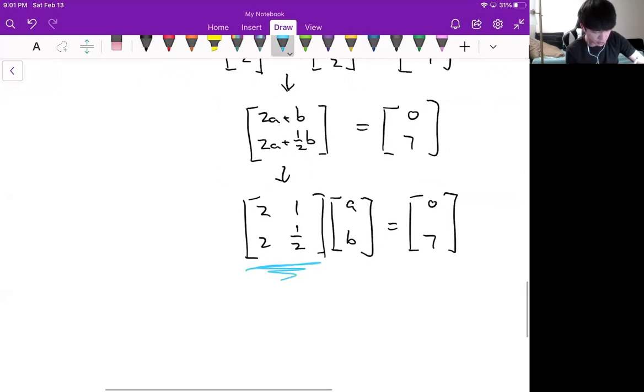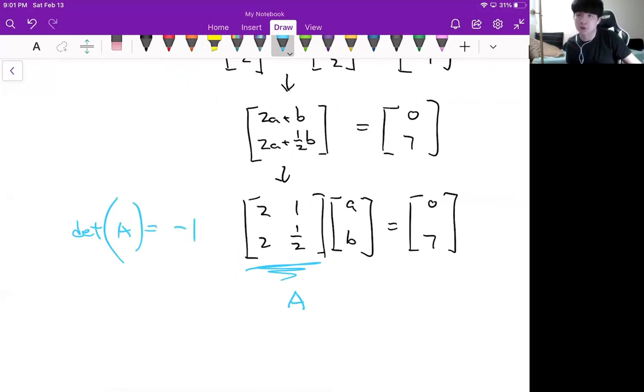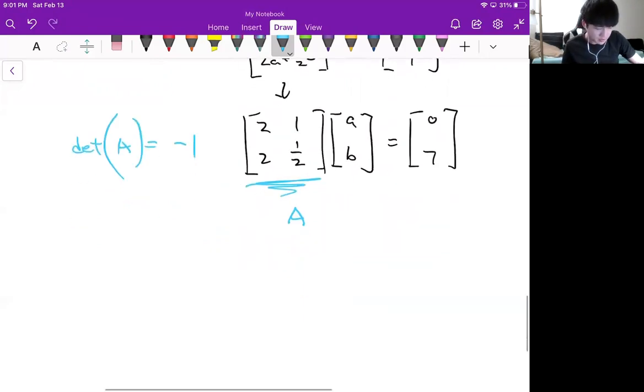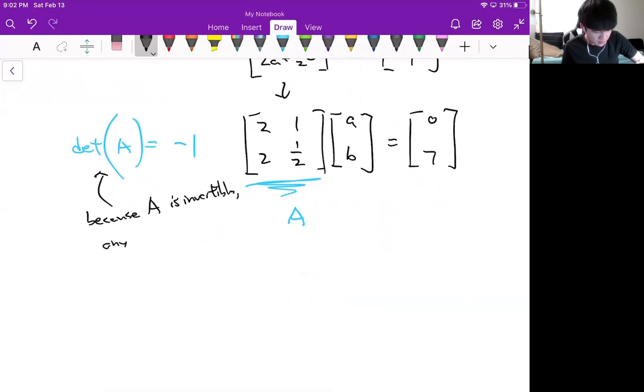Let's calculate its determinant. Let's call this thing A. Well, the determinant of A is 1 minus 2, which is minus 1, which in particular means it's invertible, right? So because it's invertible, I can find you a and b that make this thing (0, 7). In fact, (0, 7) isn't even special, because A is invertible.